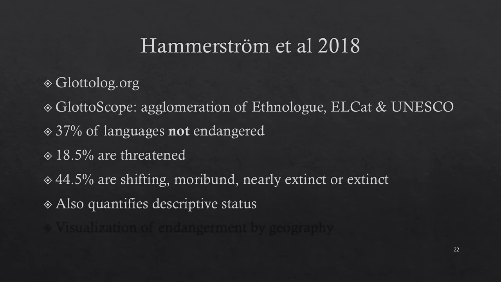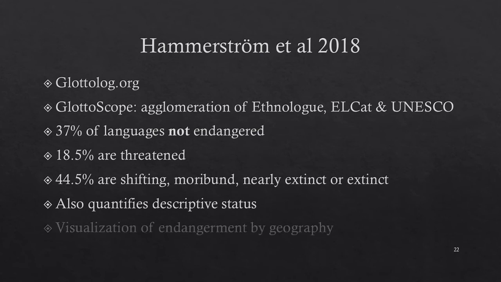This new feature of Glottolog not only looks at language vitality, but also provides a quantified summary of the language description of each language. And they provide visualization of language endangerment and language description shown according to the geographic distribution of the languages of the world.